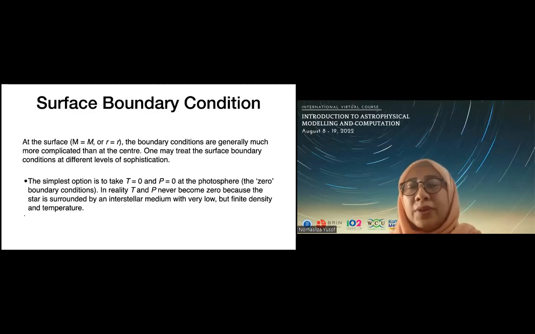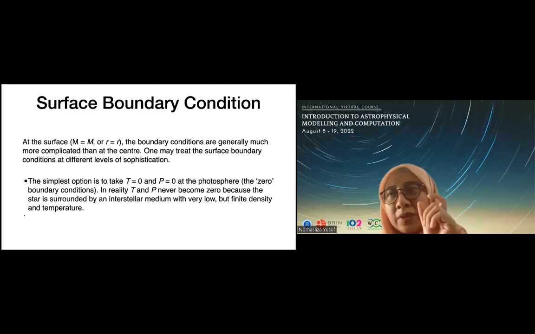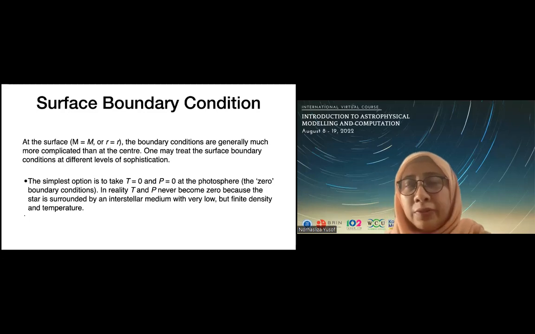So it may be around a few percent of the temperature or pressure at this particular point. But for simplicity in stellar evolution calculations, we do it quite crudely, so that we can evolve the calculation without any crashing.